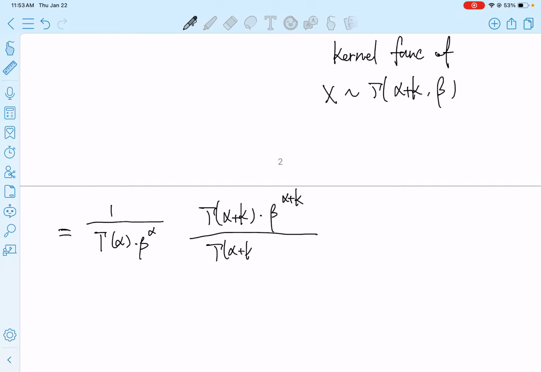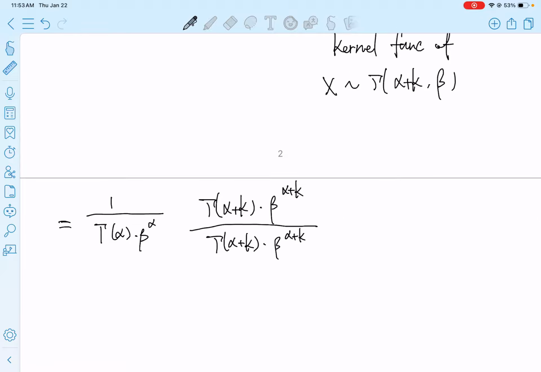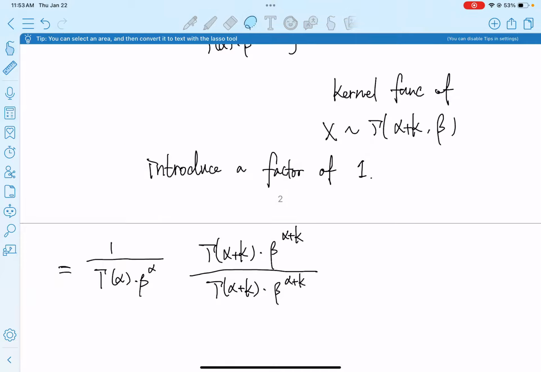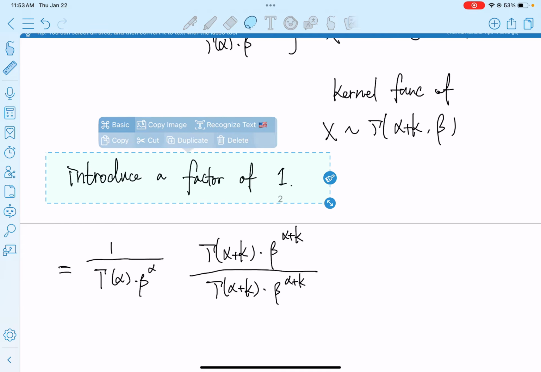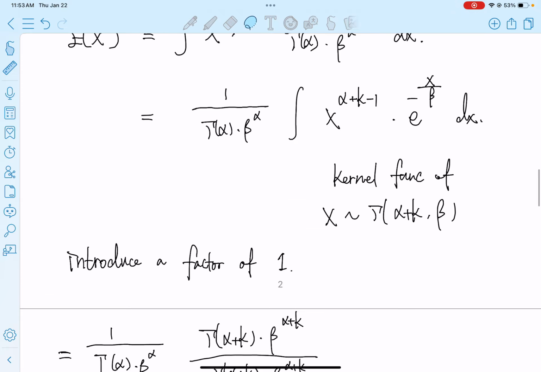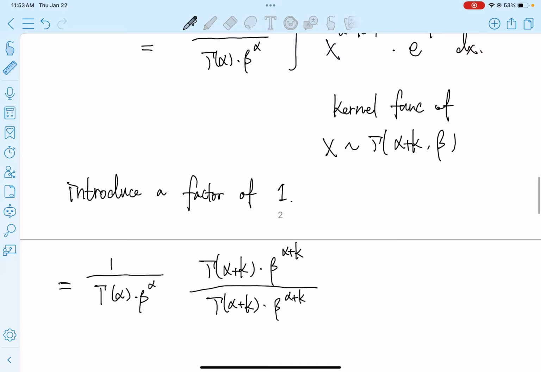If we multiply and divide by the same thing, it does not alter the quantity. So this is essentially just a 1. We are introducing a factor of 1, but this 1 is expressed as a fraction, and then we continue the integral.